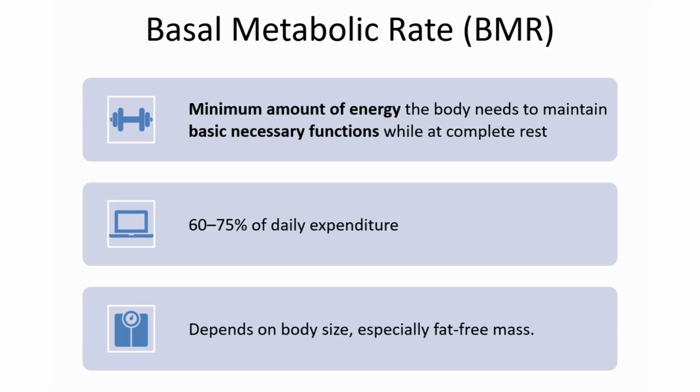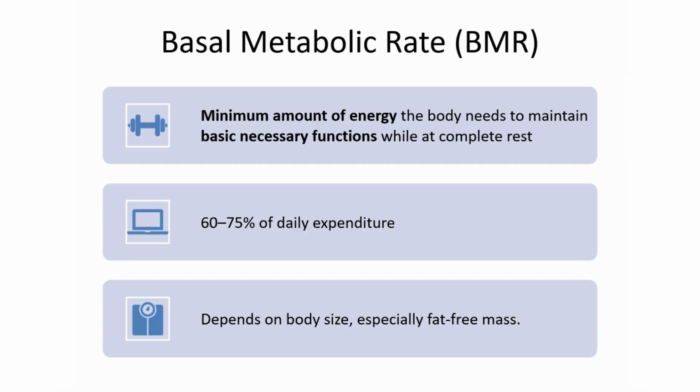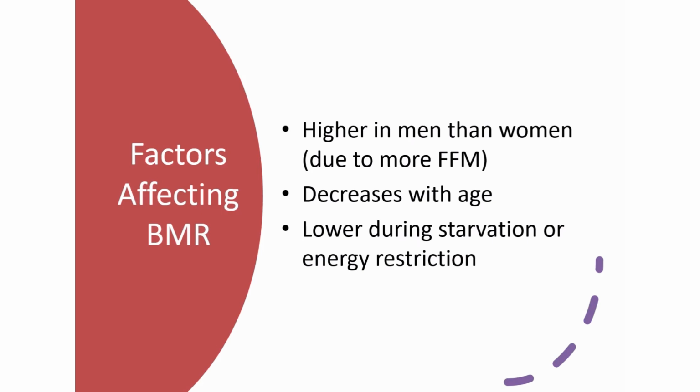Typically in developed countries, BMR accounts for 60 to 75% of daily energy expenditure and reflects the energy needed for the work of vital functions such as maintaining electrolyte equilibrium across cell membranes, cell and protein turnover, and many other functions. So far, the most important determinant of BMR is body size, and in particular the fat-free mass, which is influenced by height, weight, gender, and age.